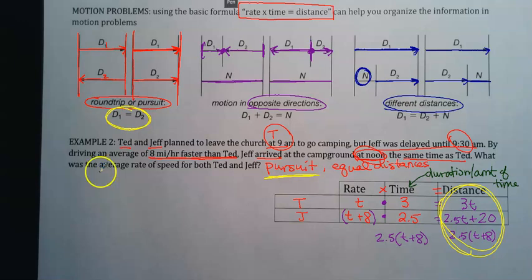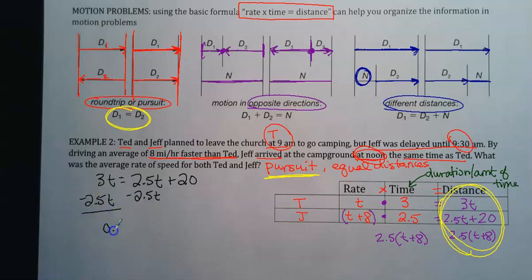So we've got 3t equals 2.5t plus 20. Then we're going to solve the equation. This information helped us know that the distances should be set equal to each other, and we used the table to organize all of the information in the problem so we could have an expression for each distance.